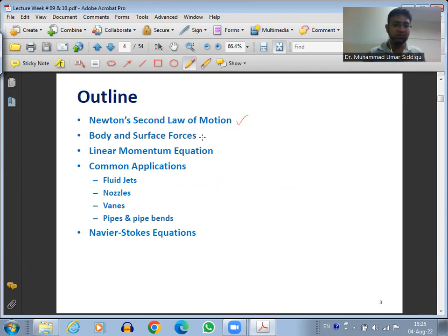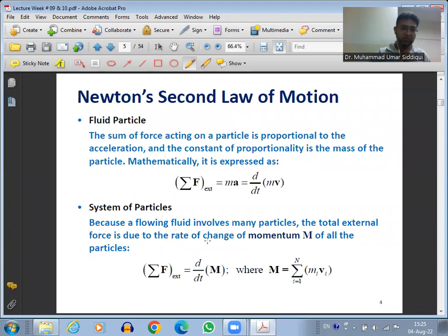Then we will discuss the body and surface forces, and the linear momentum equation. Some of the common applications will be fluid jets, nozzles, vanes, pipes and bends. After that, we're going to discuss a little about the Navier-Stokes equation.